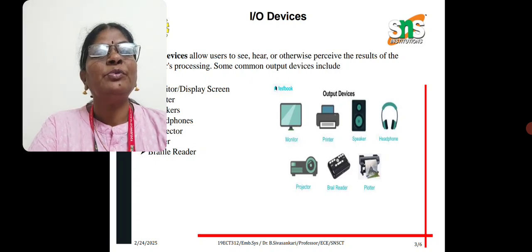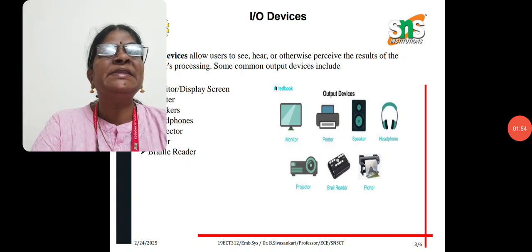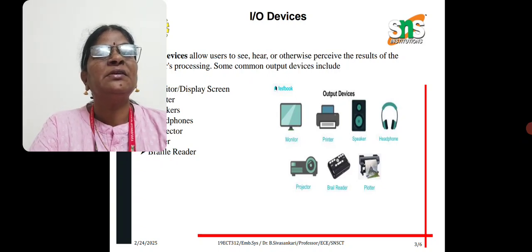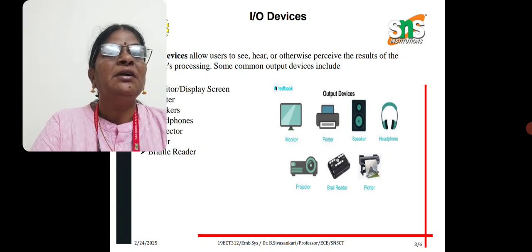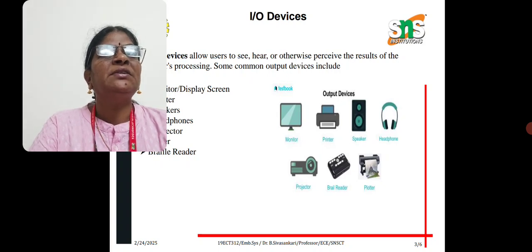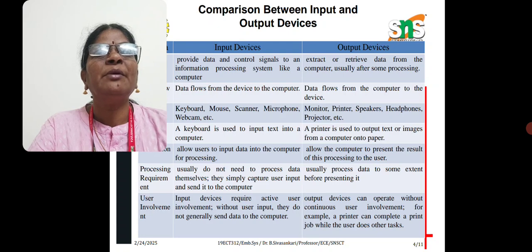In the previous slide we discussed input devices, like the mouse. Now, some common output devices include the display screen, printer, speakers, and monitor. These are all the output devices we use in our computers.